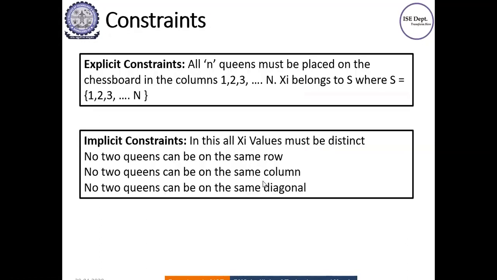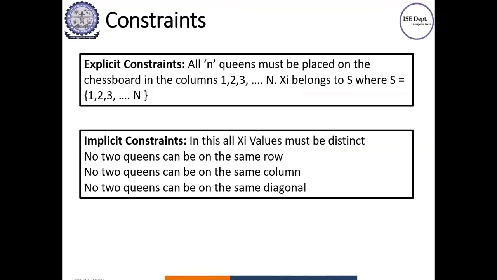Next, there is something called the explicit constraint and the implicit constraint. In the last class, I don't remember whether we have seen this or not, so I'll just tell you what the explicit constraint and the implicit constraint are all about.